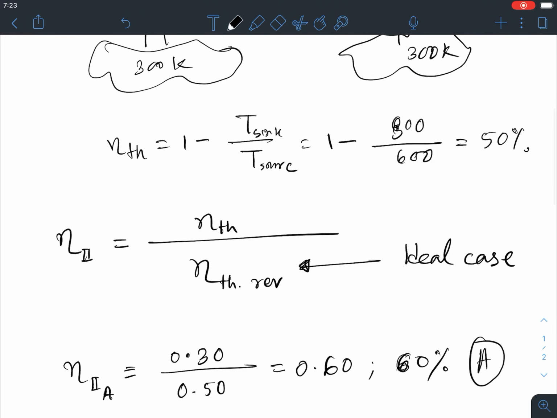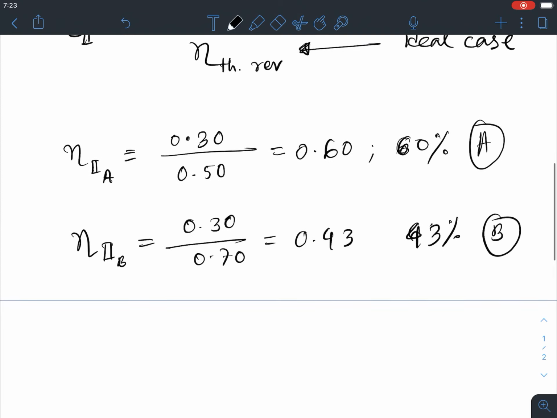So that's the time the second law of efficiency plays its role. That's the definition of the second law of efficiency, which is nothing but the ratio of the actual thermal efficiency divided by the ideal thermal efficiency.